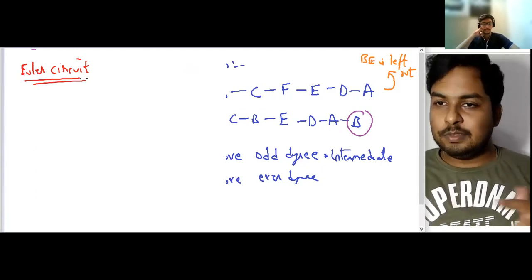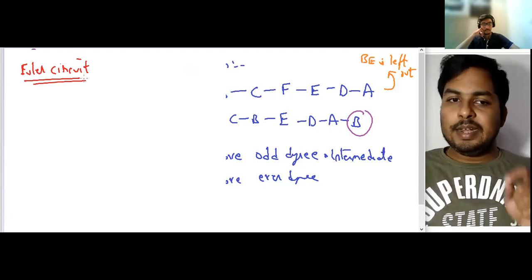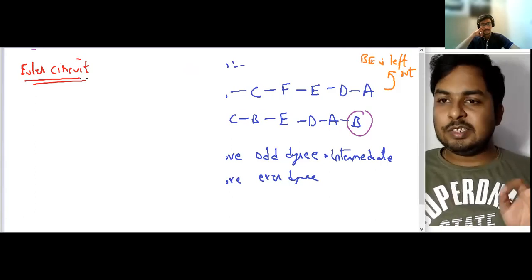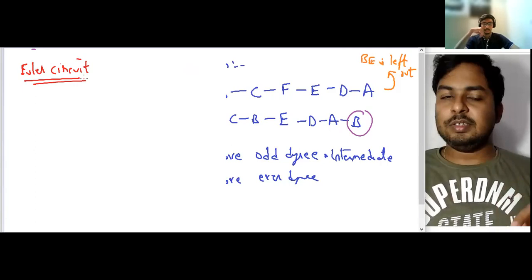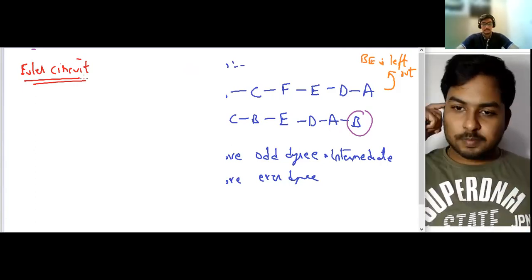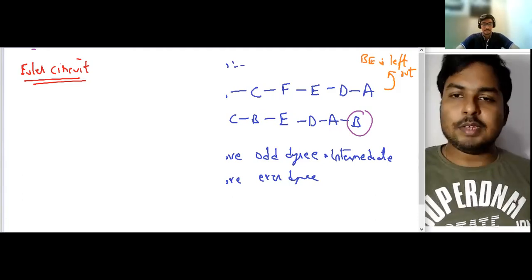Not less than one, not more than one. And to identify an Euler path, you should know that it always starts or ends with a vertex of odd degree. So far we are clear? Yes, sir. Good. Now next is Euler circuit.